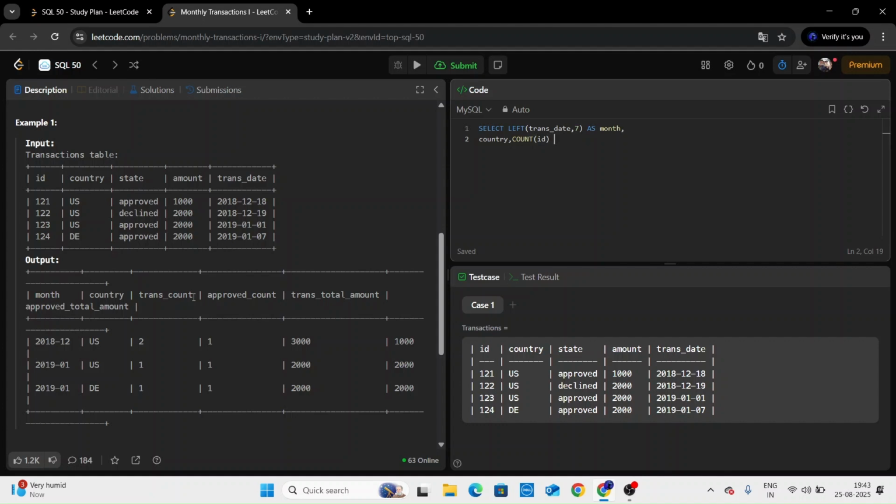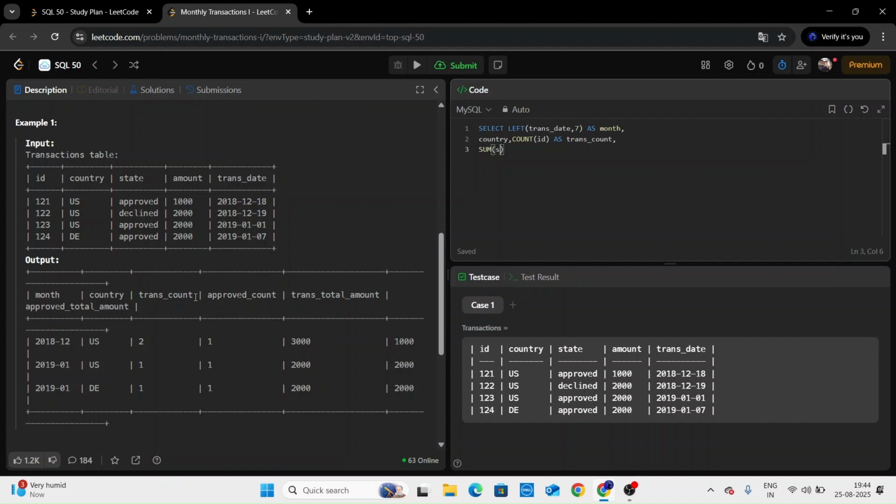So we just count the ID as transaction count. Then, not count, what we need to use is sum. We use sum because we get zeros or ones. We need to sum up the ones to get only the number of approved transactions.